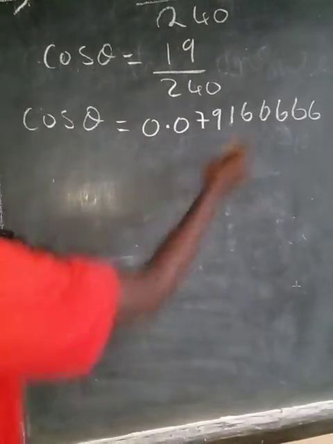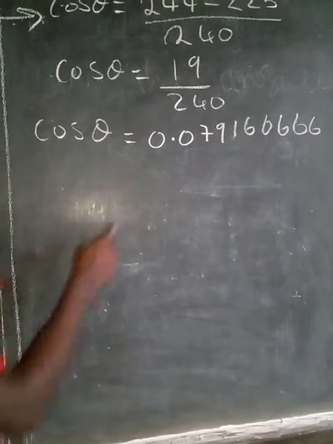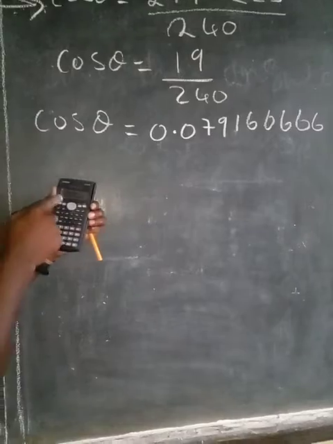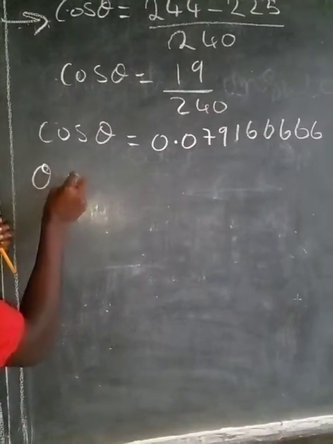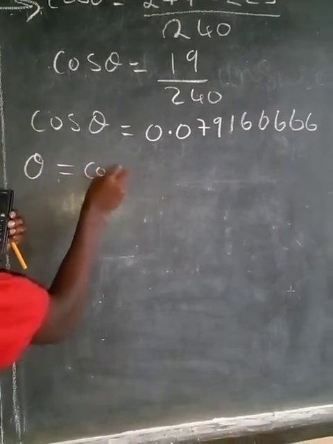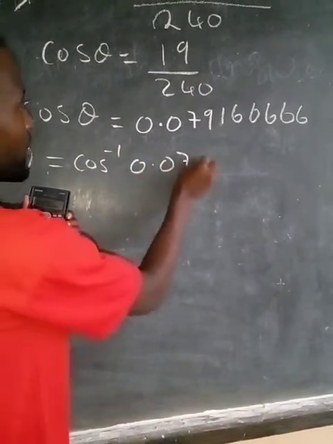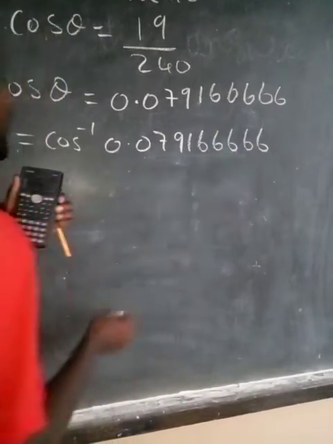But this is not my angle. So how do I find my angle? On your calculator, you have your answer. All you have to do now is to find the cos inverse of 0.0791666.